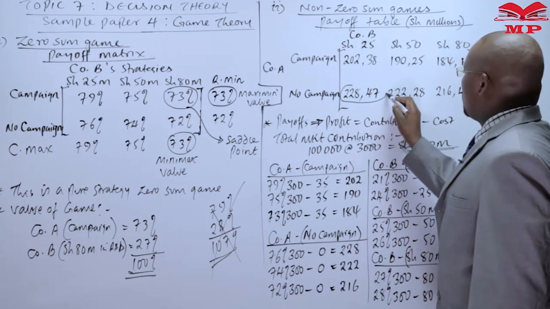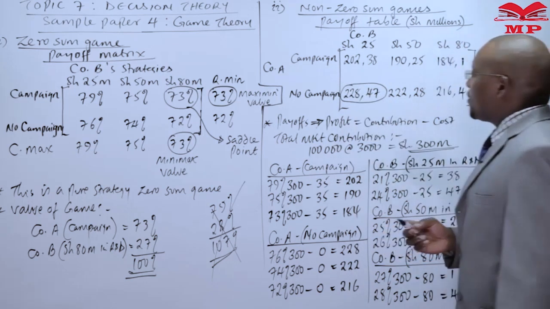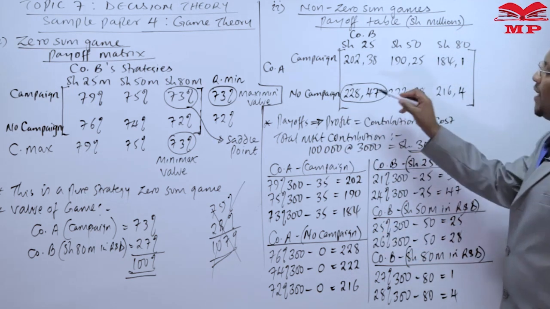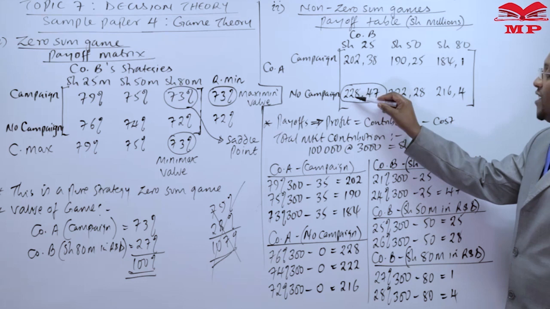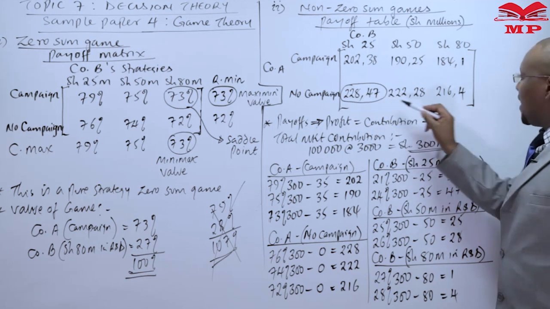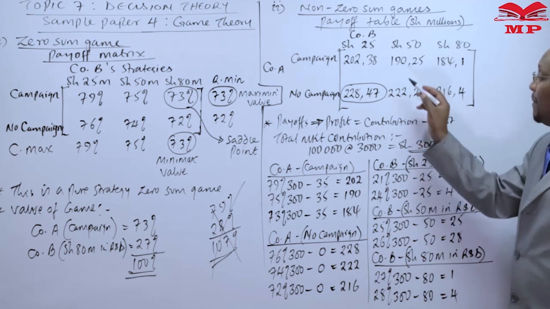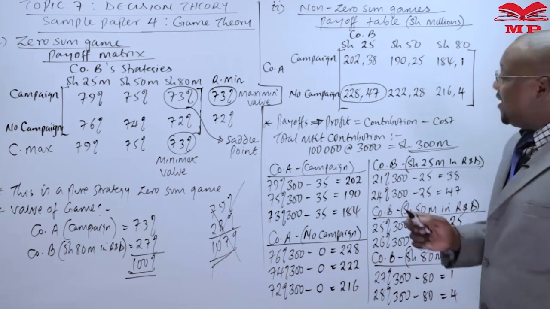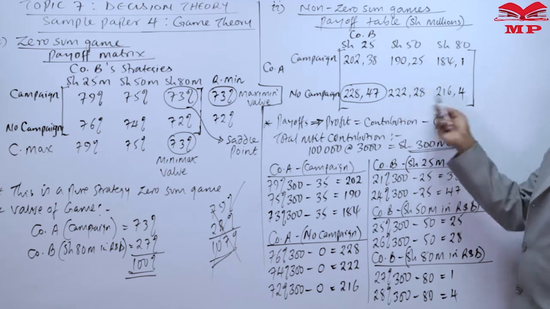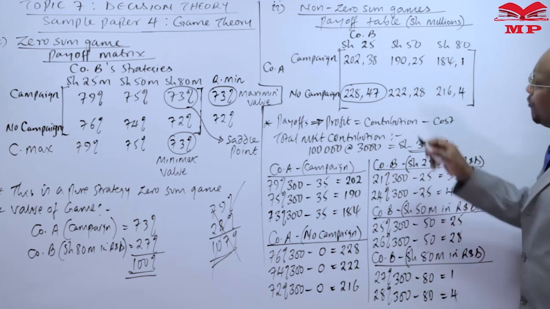This is the pair that is going to suit all the companies, because company A earning 228 million is going to be the best compared to others. Company B earning 47 million is going to be the best, comparing with all the rest. Therefore, this is the best.